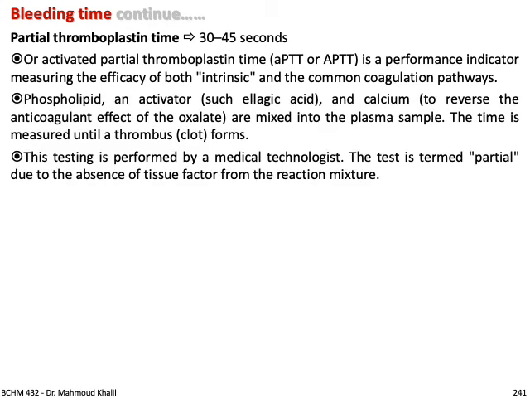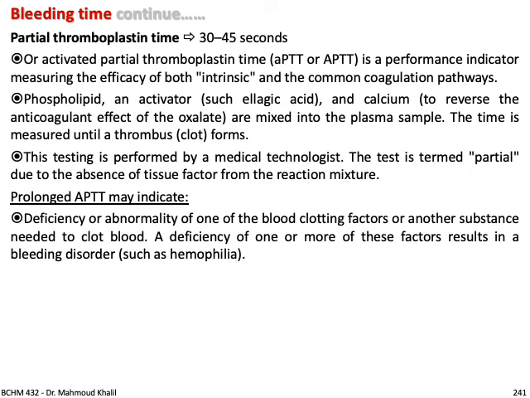Phospholipid and an activator such as ellagic acid, and calcium to reverse the anticoagulant effect of the oxalate, because oxalate prevents coagulation, are mixed into the plasma sample. The time is measured until a thrombus or clot forms. This testing is performed by medical technologists. The test is termed partial due to the absence of tissue factor from the reaction mixture.